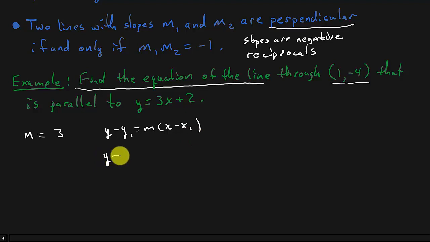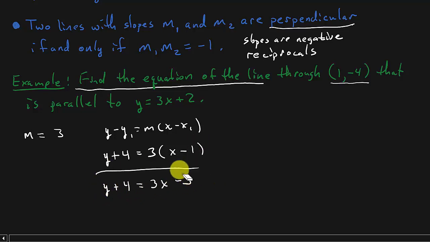So I've got y minus y1, so that's y minus negative 4, which is y plus 4, equals 3 times x minus x1, that's 1. And then I solve. y plus 4 equals 3x minus 3. Whoop, getting ahead of myself there.